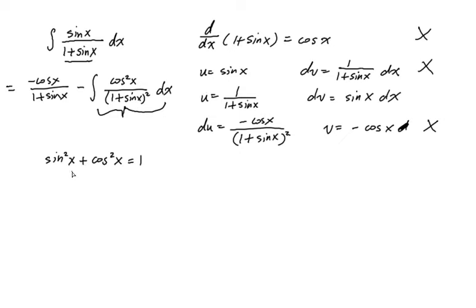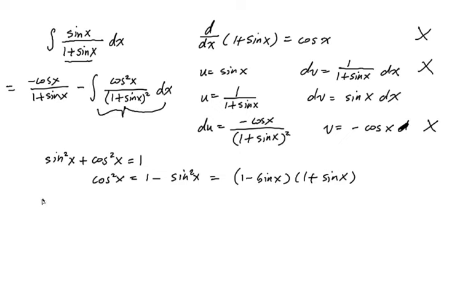So then cosine squared x equals 1 minus sine squared x. So this can be written as 1 minus sine x times 1 plus sine x.